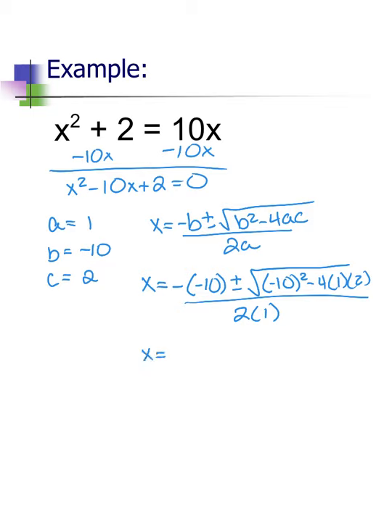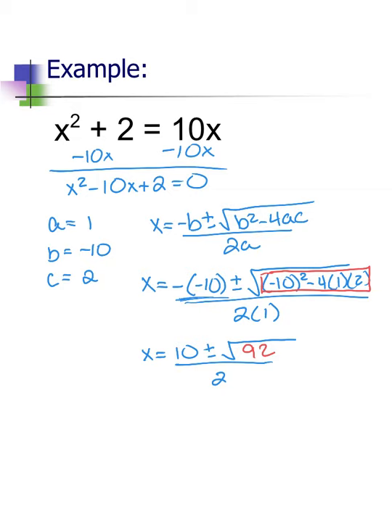If I simplify, 2 negatives over here become a positive. Again, for those of you that hate to do math, type that in your calculator exactly as I have it written in blue. You're going to get 100 minus 8, which is 92, all over 2. Now we're going to try to simplify the 92.